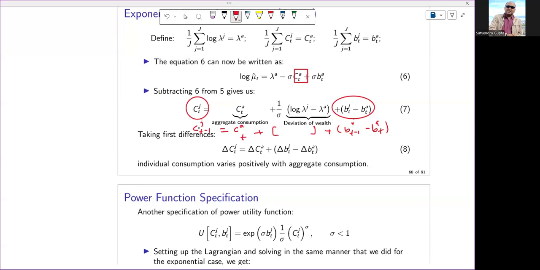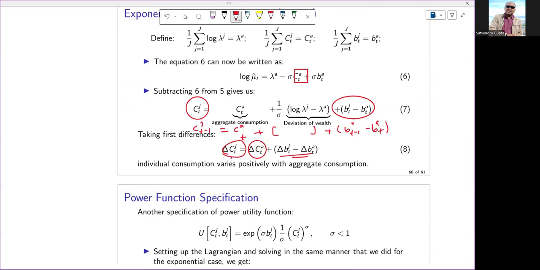Okay, now subtract this from this and you will get delta, or the change in consumption for individual j is equal to the change in aggregate consumption, plus something that has everything, basically this something.